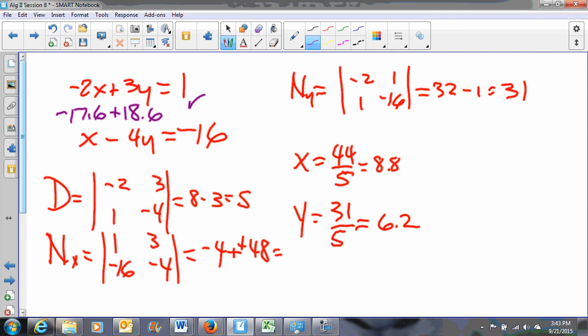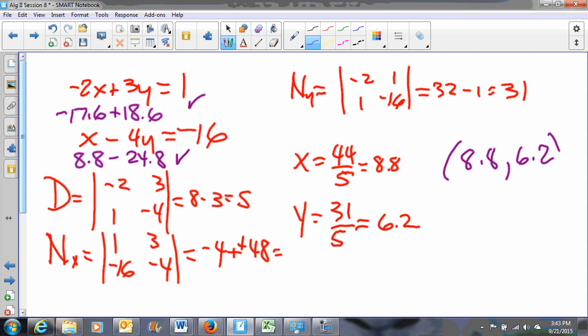That one's working. On the second, 8.8 minus, now 4 times 6.2 is 24.8, and 8.8 minus 24.8 is -16, so that checks. So the answer actually is the ordered pair 8.8, 6.2. Surprised the heck out of me.